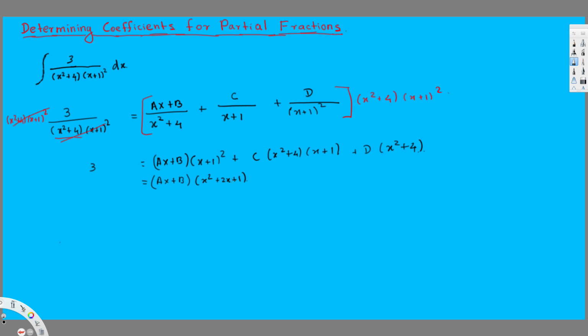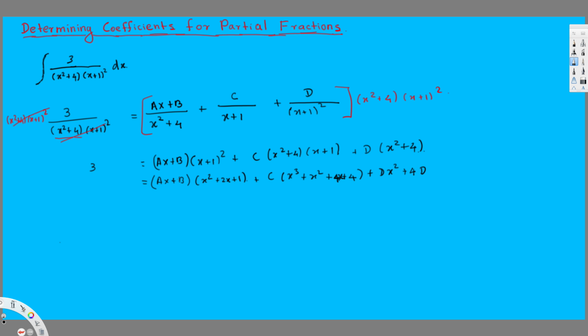And then we have c times these two functions right here. So I'm going to multiply each other: x times x squared gives x cubed, and this one is going to be 4x plus 4, right? So this is what we get when we multiply, and the last one we can simply multiply directly. This is going to be dx squared plus 4d.